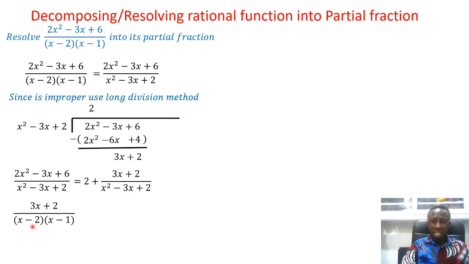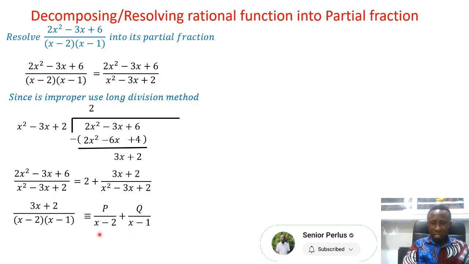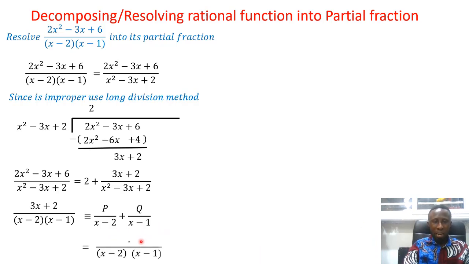We said A out of s minus 2 plus B out of s minus 1, so here it will be p out of s minus 2 plus q out of s minus 1. Then what should we do here? We should find the LCM. That's the step. The LCM of s minus 2 and s minus 1 is this.